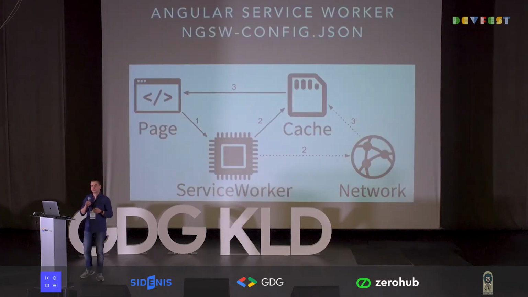You just need to configure a manifest, but I will talk about that later. So this configuration file, ngsw-config.json, which is created for your application when you add the schematic, specifies which files and data URLs the Angular service worker should cache and how it should update the cache files and data.